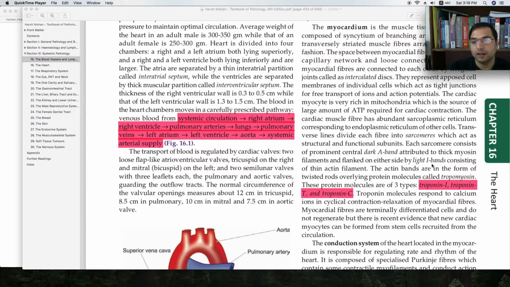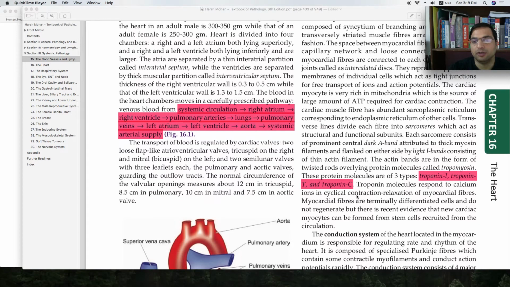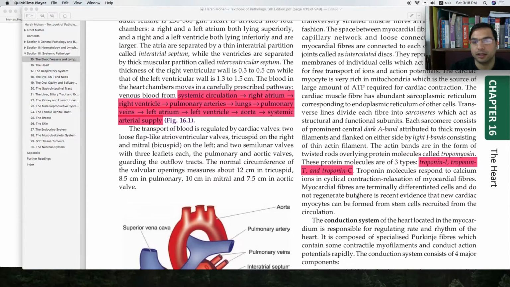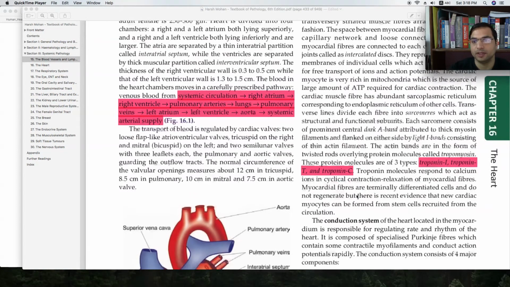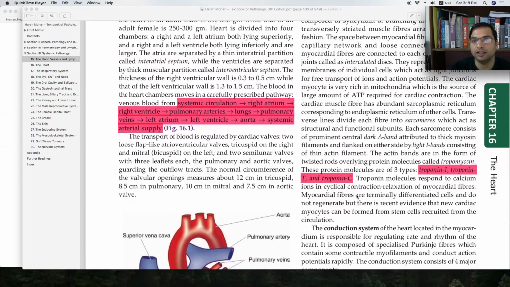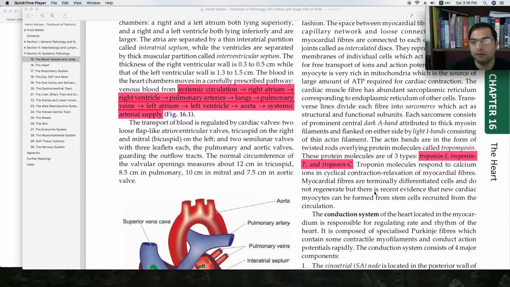Now these muscles have specific proteins in them, which are called troponin I, troponin T, and troponin C. These are released whenever the myocardial tissue is damaged, right. So you have to remember that the myocardium is made up of these proteins, the tropomyosin proteins, troponin I and troponin T.